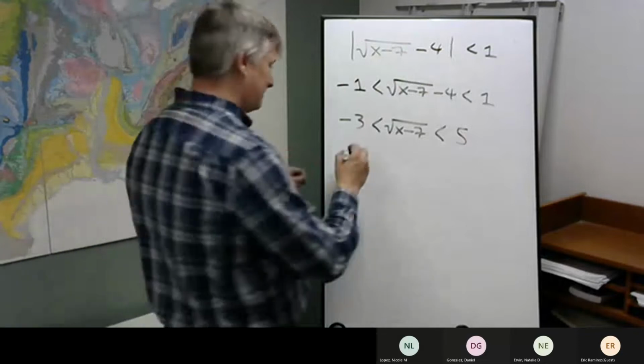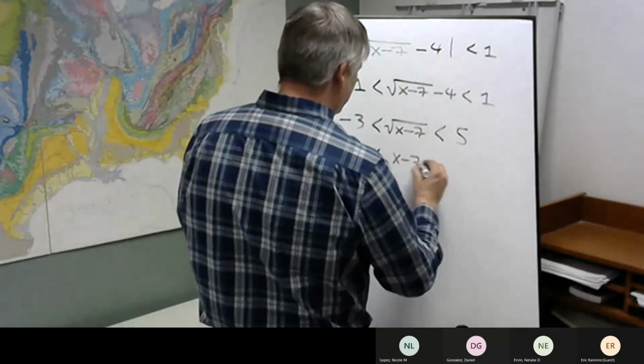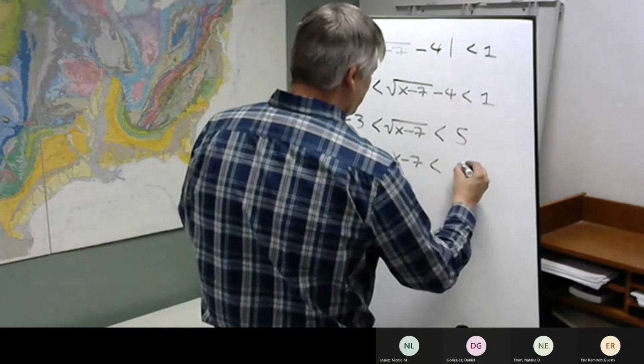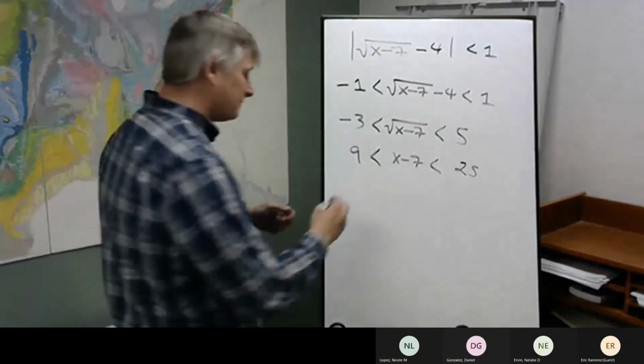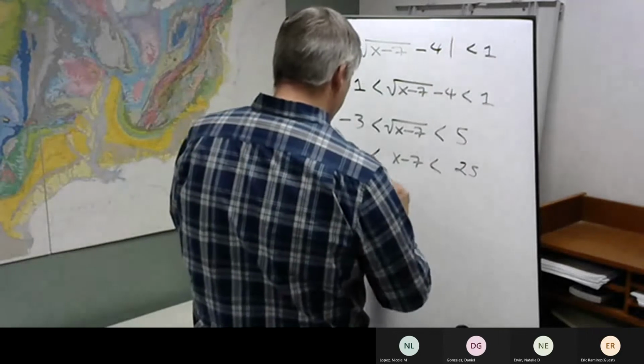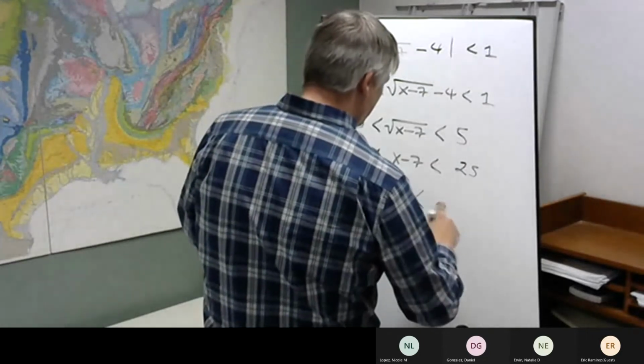Square everything. 9 less than x minus 7 less than 25. Add 7 to both sides. 16 is less than x less than 32.